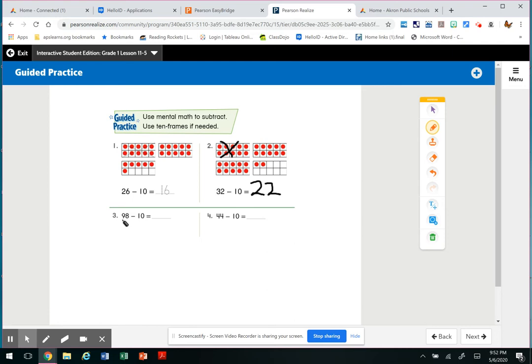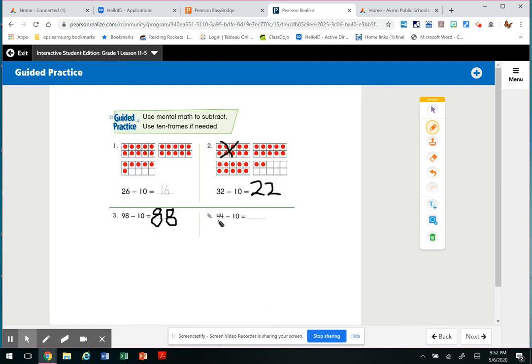So 9 take away 1 is 8. The 8 in the ones place is going to stay the same because there's a 0 right there. So 98 minus 10 equals 88.